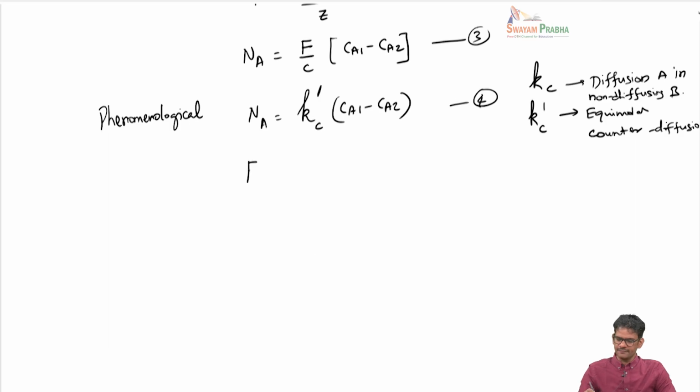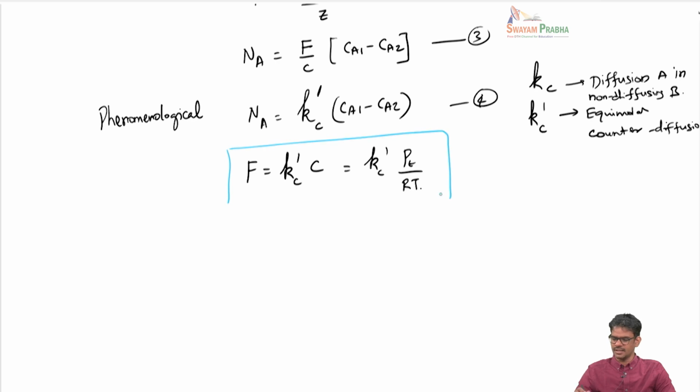We can see this F is equal to Kc prime times concentration C. Or if you want to write this in terms of pressure, it would be P, the total pressure, by RT. So, this is the relationship between F and Kc prime.